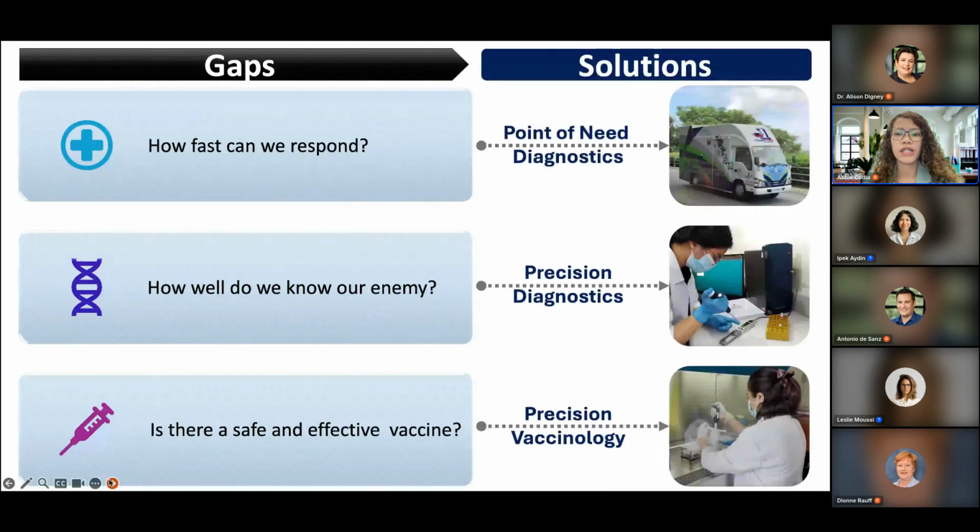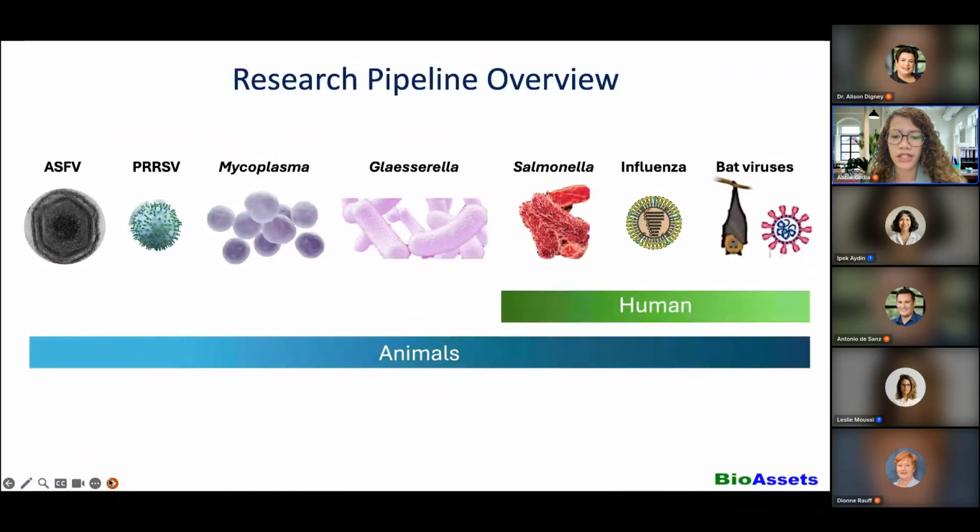With that, we thought of solutions in responding to these diseases. We built a mobile biocontainment lab, wherein we believe that there should be a point of need diagnostic responsible for faster diagnostics. And then we got the precision diagnostics and also the precision vaccinology.